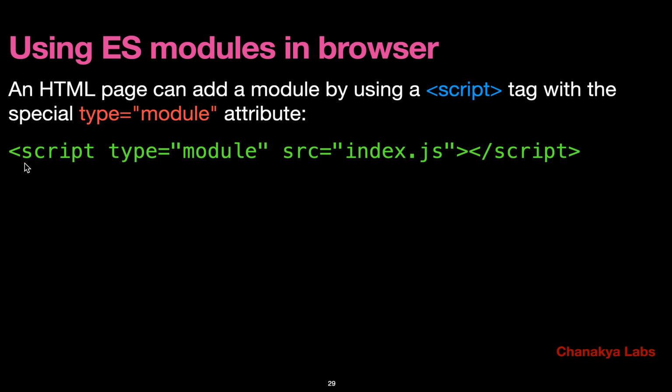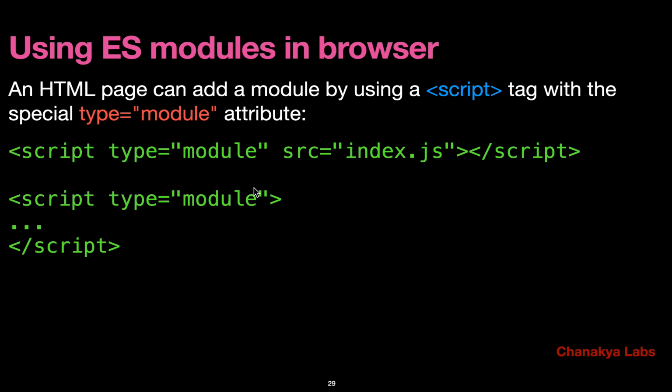So we discussed that you can write script type module here also. You can write script type module for internal scripts, to be precise, whatever internal scripts are inside the HTML file, rather than external scripts.